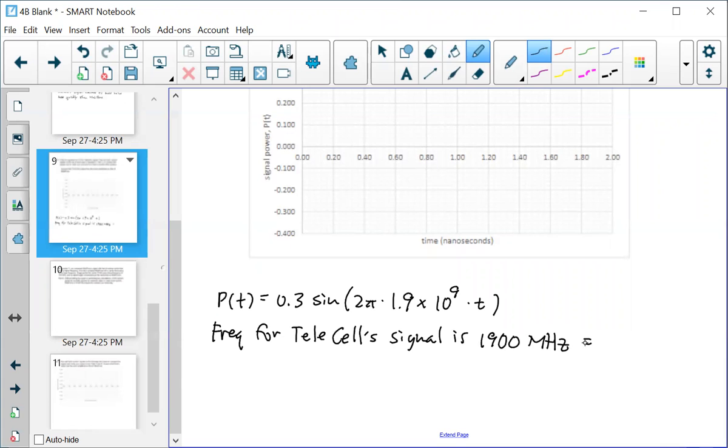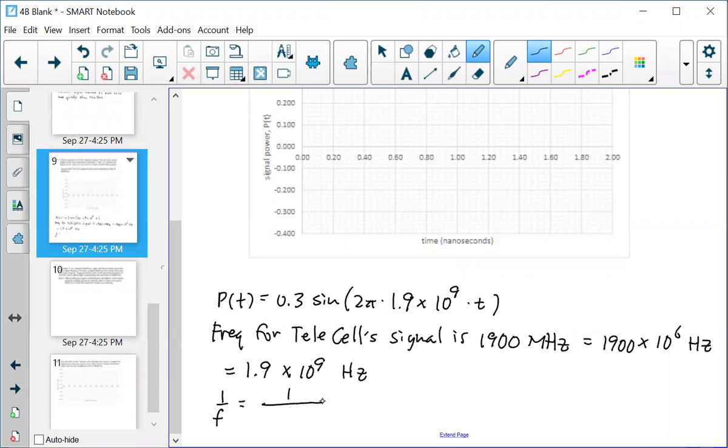And this is going to equal 1900 times 10 to the 6 hertz, which equals 1.9 times 10 to the 9 hertz. So the period is going to be 1 over the frequency.